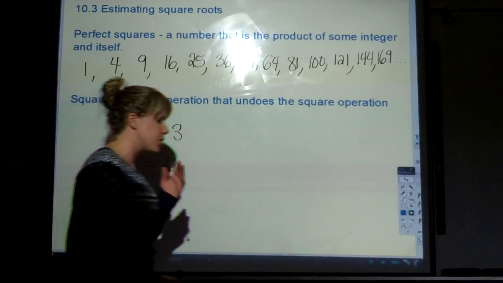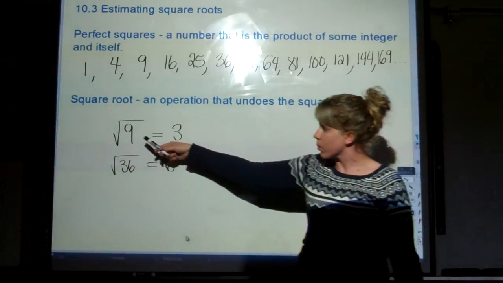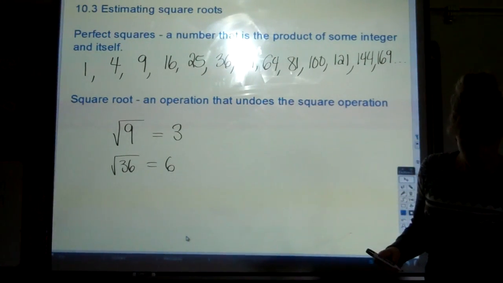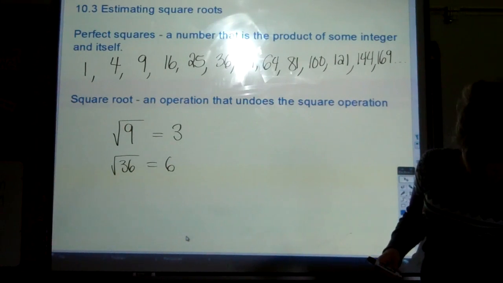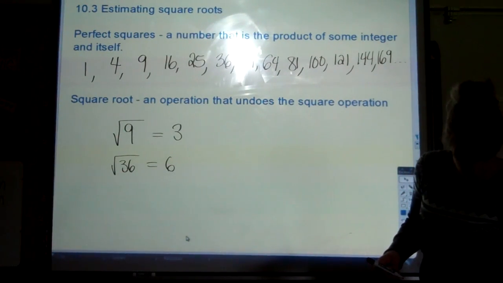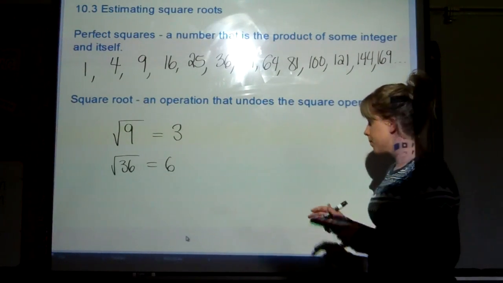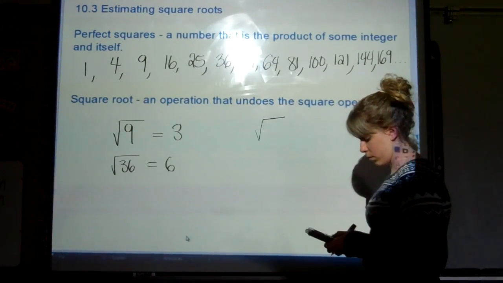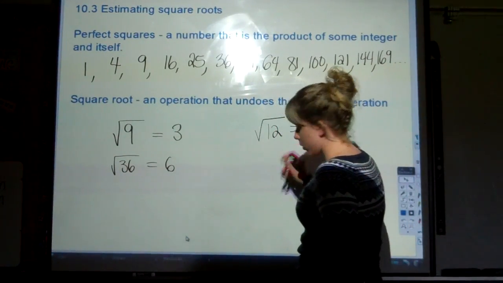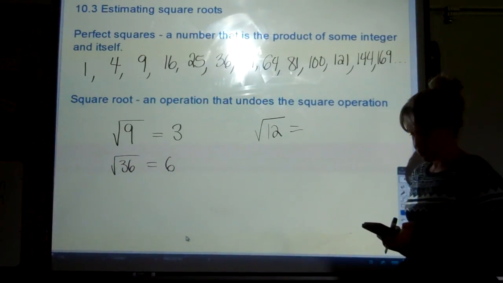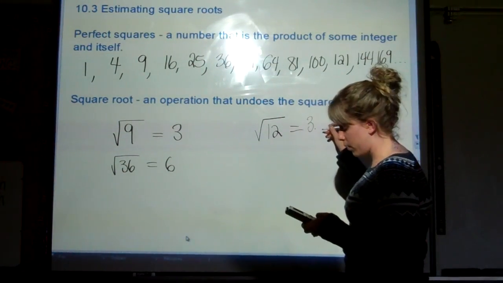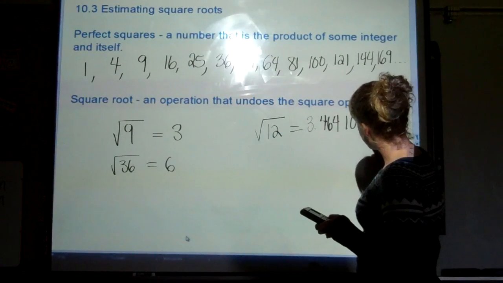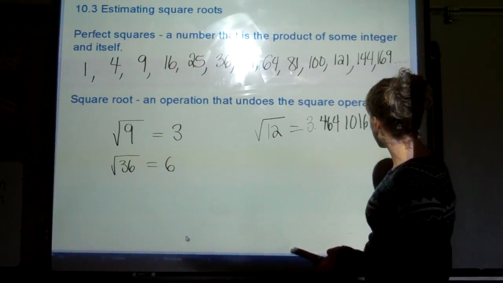Now, there are some numbers whose answer, when you take the square root, is not a whole number answer. And those are called irrational numbers. So, for example, if we were to take the square root of 12, the square root of 12 is 3.464101615, and it just keeps going on and on.